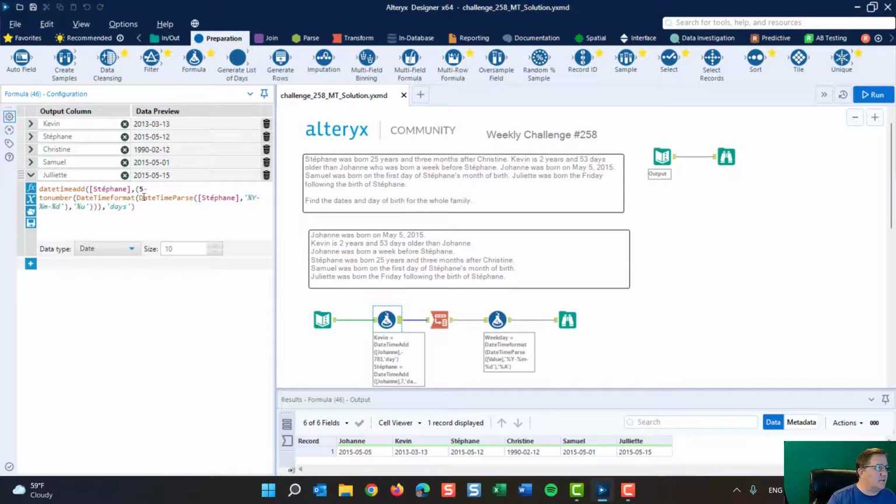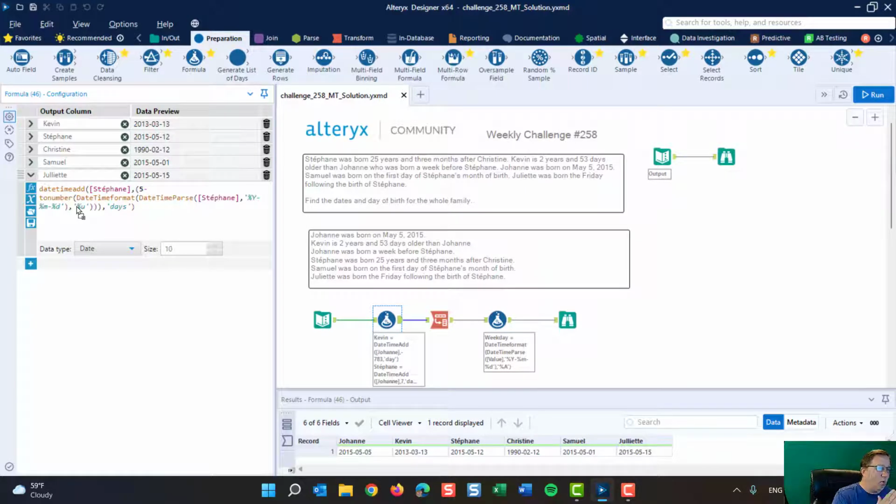The way we do that is we do a date time parse of Stefan, and we turn that into this format right here, where it's breaking out the year, the month, and the day, and then it's giving it back to us in the format of %U. %U will give you what day of the week in a number format: 1, 2, 3, 4, 5, 6, 7, with Monday starting at 1.